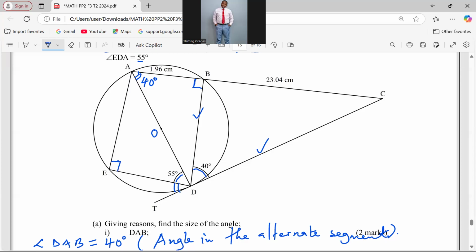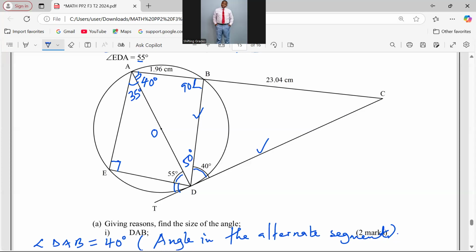Now, those values being known, we can get the angle at A and also the angle at D. In this way, we take 180 and subtract 90 and 55. So the remaining angle at this point shall be 35. We also do the same for this particular 90, 40, and the remaining angle here becomes 50.